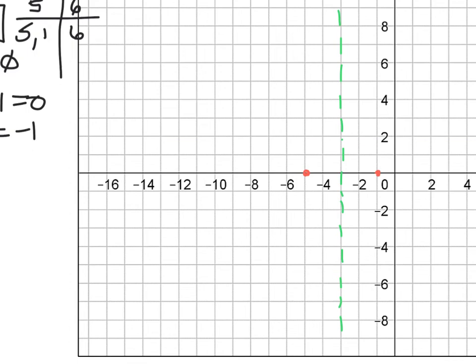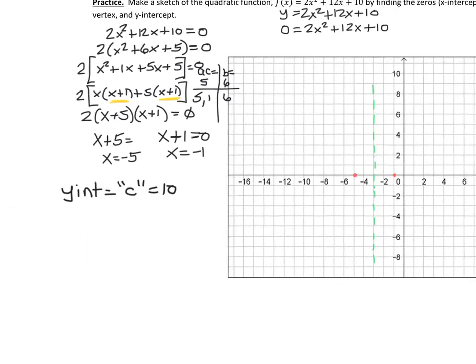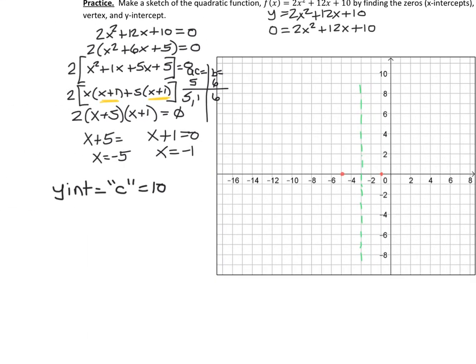So the easiest way to get the vertex is to plug in our x equals negative 3. So I'll write down vertex. Vertex is, of course, h comma k, an x and a y. Our x, we can see on that green line, equals negative 3.